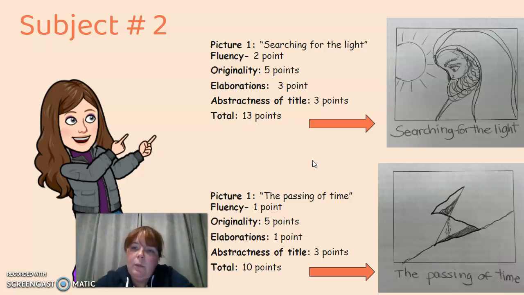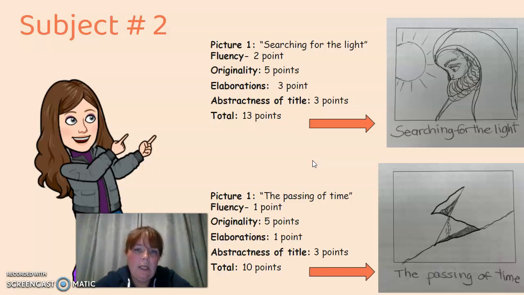So when I look at this picture, Searching for the Light, as she called it, it actually feels like a truly meaningful picture. It's almost like the Mother Mary, and you could see a lot of pain or sadness within her eyes, even though it's called Searching for the Light. The person didn't put color into the picture, and I don't feel like it necessarily needed that in order to get the point across that she was going for.